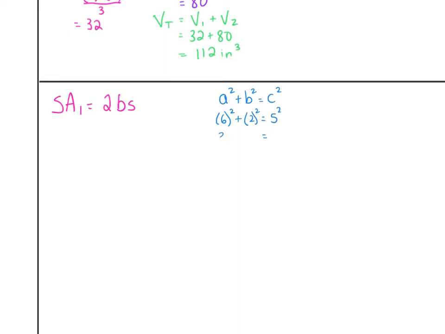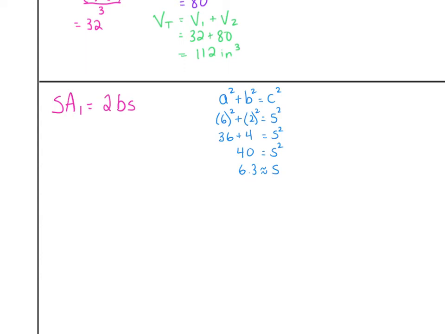So 6 squared is 36, 2 squared is 4, and 36 plus 4 is 40. And then when you square root both sides, the question says to round to 1 decimal place, so we're going to use approximately equal to, and the square root of 40 is approximately 6.3.